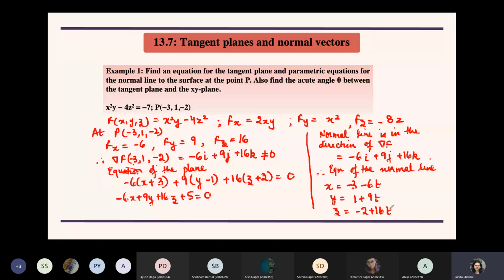So just note this part down, then I'll move on to the next part of the question. Finding the acute angle between the two planes, the tangent plane and the xy plane.